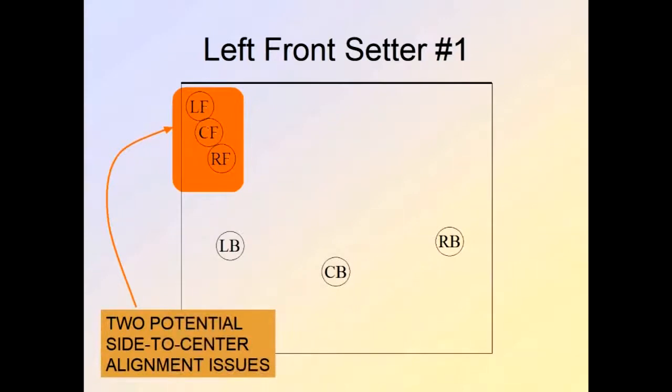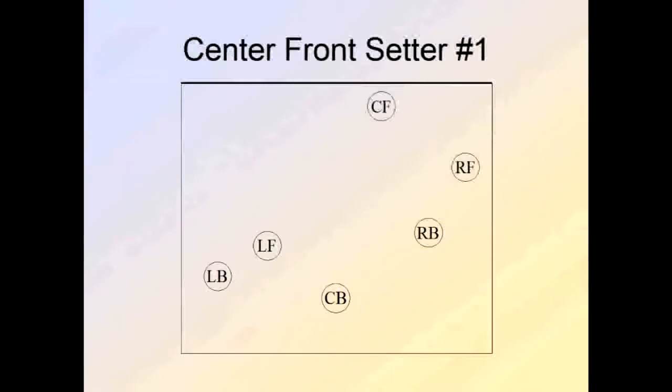The center front remains in between the left front and the right front, and the left front player remains closest to the left side boundary line. This is something you see quite often in the high school level. We are rotating again, and the setter has now moved to the center front position.